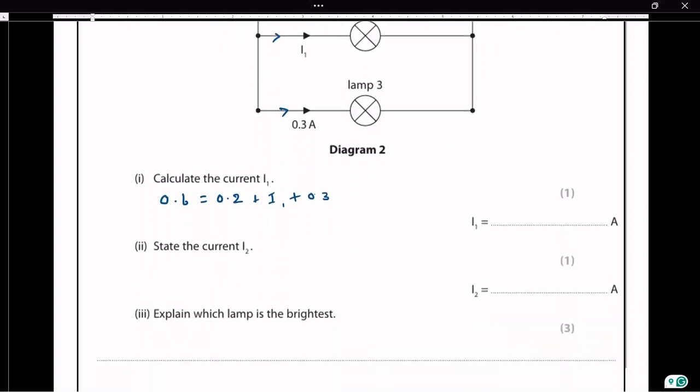Therefore, I1 is 0.6 minus 0.5, this will give an answer of 0.1 ampere. So let us put it as an answer here. It is 0.1 ampere.